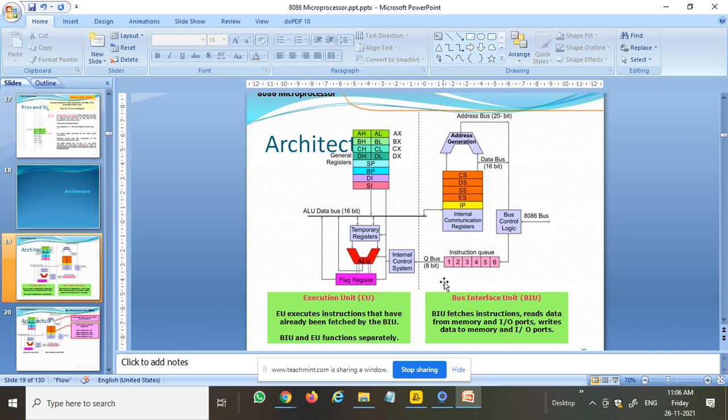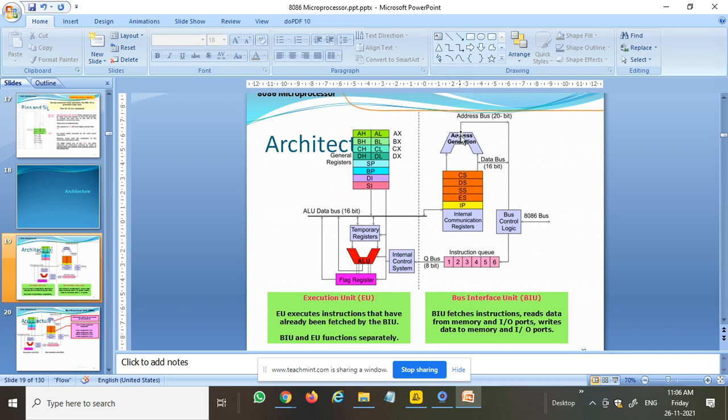In the BIU there is an instruction queue and bus control logic, and some registers. This is the code segment and this is the data segment. CS stands for code segment, DS for data segment, SS for stack segment, ES for extra segment, and IP is the instruction pointer.